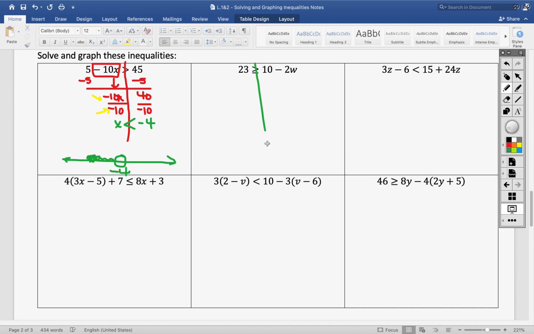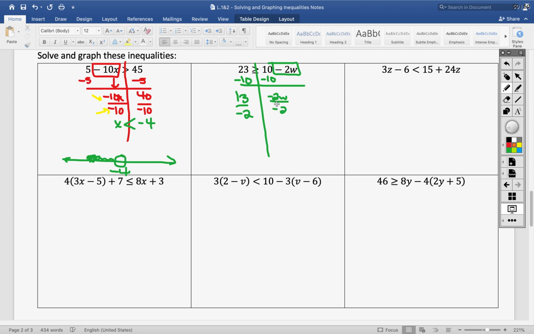Okay, drop a line, box the variable term, opposite operation. 13, -2w, opposite operation. Why'd the alarms go off?